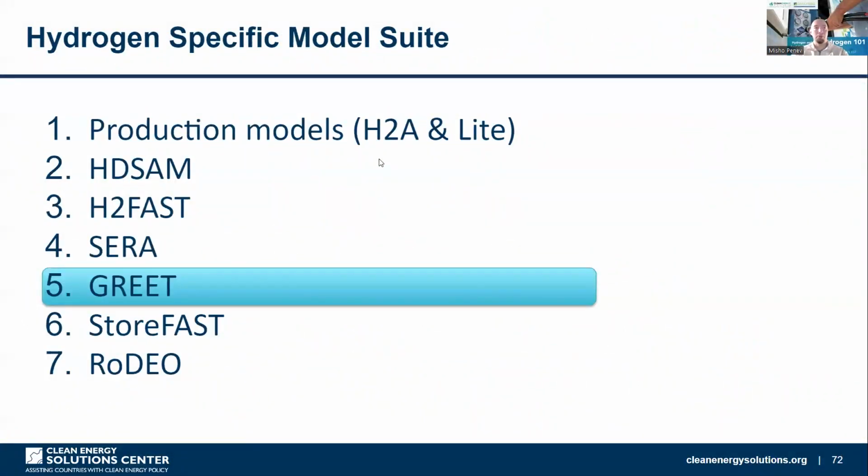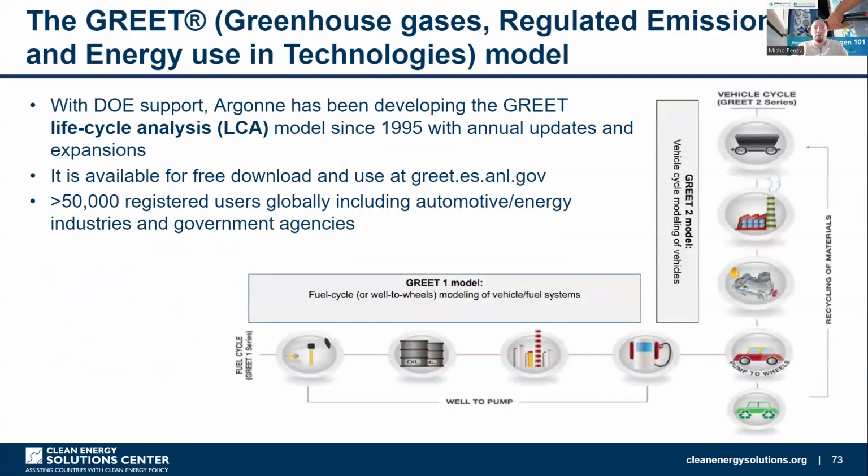So I'm going to brush into the GREET model. Next slide. This is a life cycle analysis model, basically having to do with emissions from hydrogen production. The model keeps track of not just hydrogen production, it keeps track of a lot of other pathways.